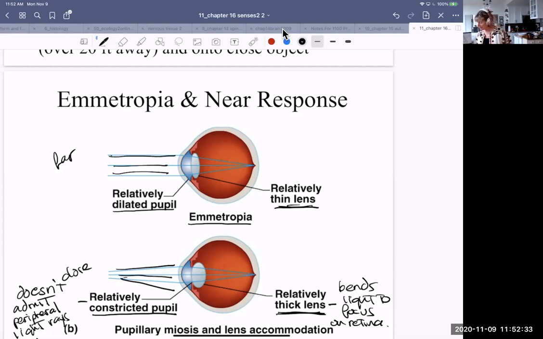And that is the function not only of the cornea, but also the lens, which can be adjusted. The cornea can't be adjusted, but the lens can be adjusted. So it relaxes into a convex shape. More convex.